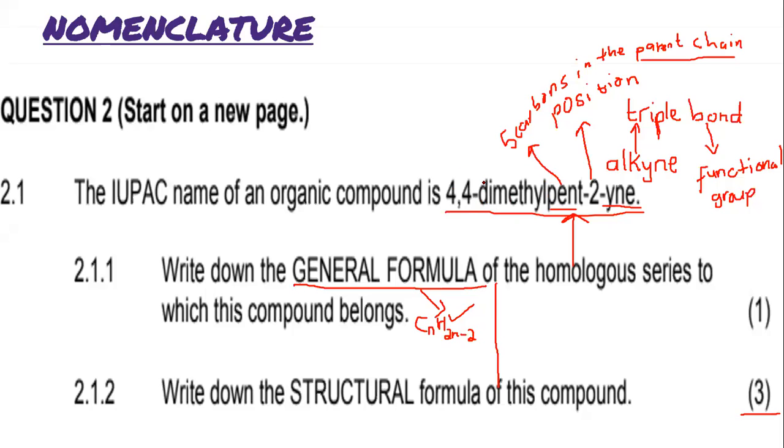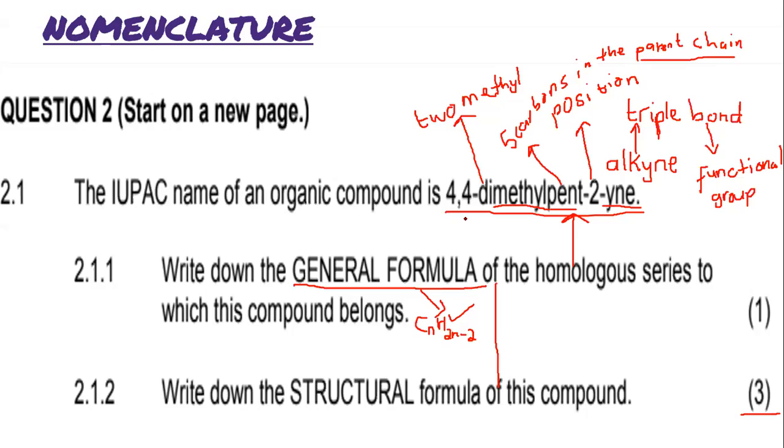Now, my substituent there says di, right? Di means I have 2 of the same substituent, and that is methyl substituent. So I have 2 methyl substituents altogether, and that is why we say it's dimethyl.